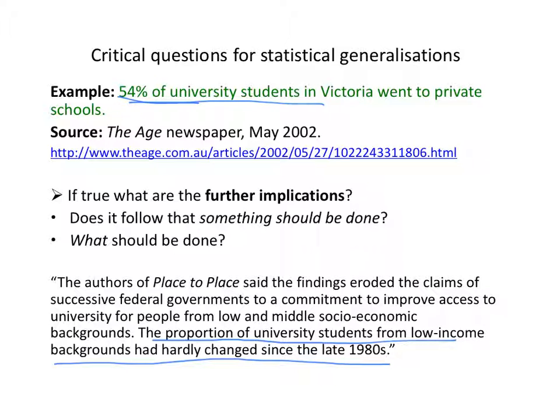The other kind of question is about, well, what follows, assuming that statistic is true. What can we infer from it? What conclusions can we draw? And that can depend on answers to lots of these other questions, like what would explain the statistic? What are other relevant statistics? What's the context? Is the trend up or down? But we'll leave this example here.